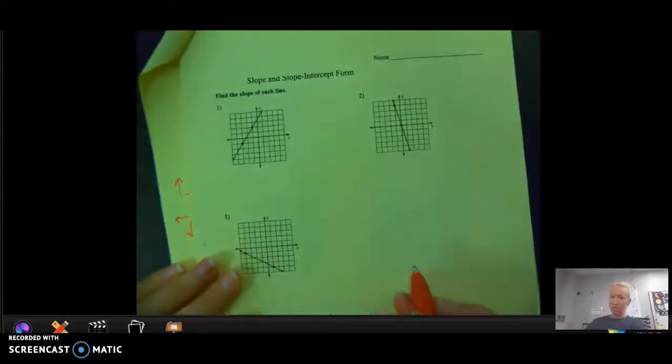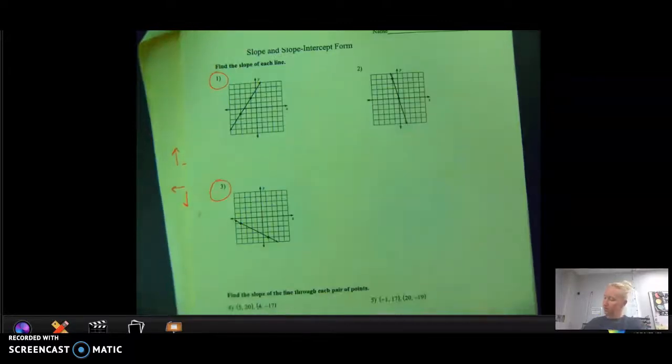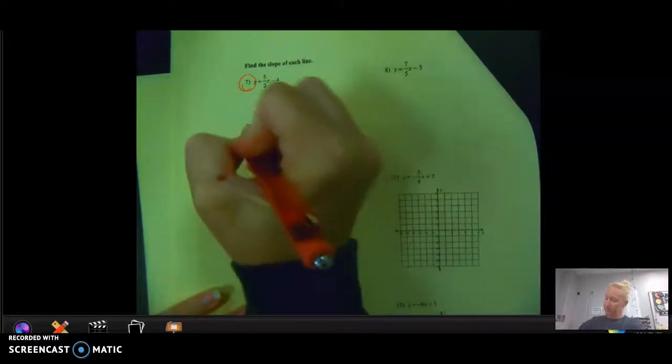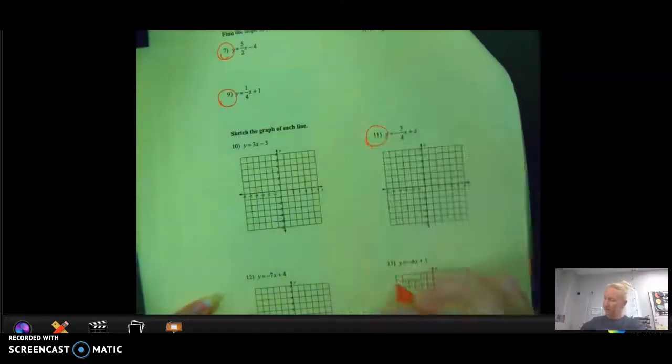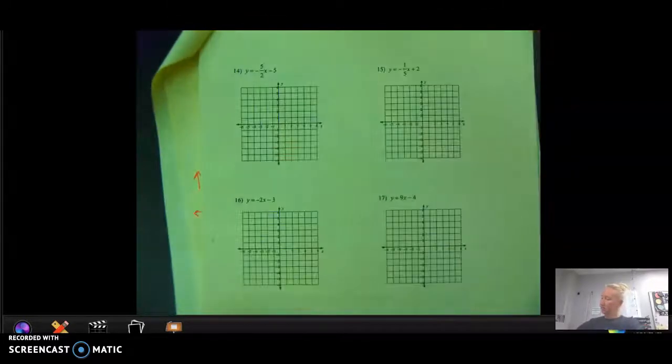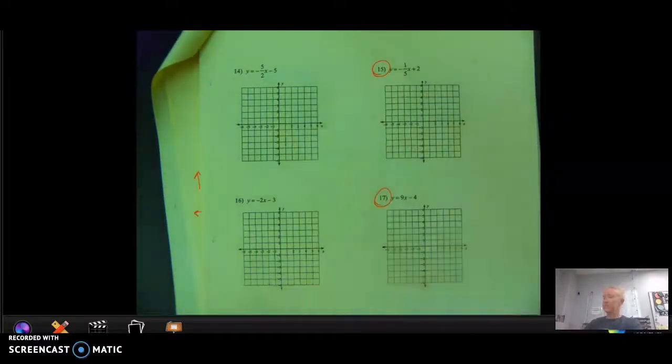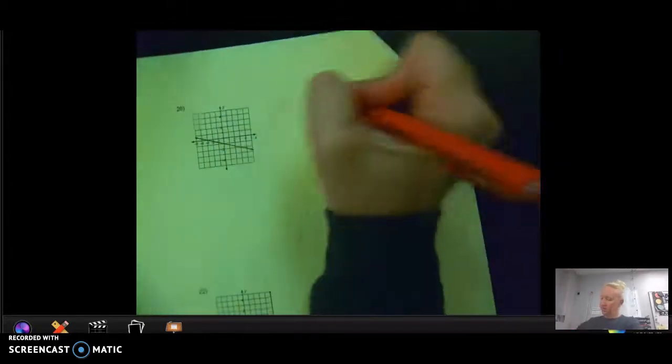These are worksheets, so I want you to circle the following: 1, 3, 5, 7, 9, 11, 13, 15, 17, 19, and 21.